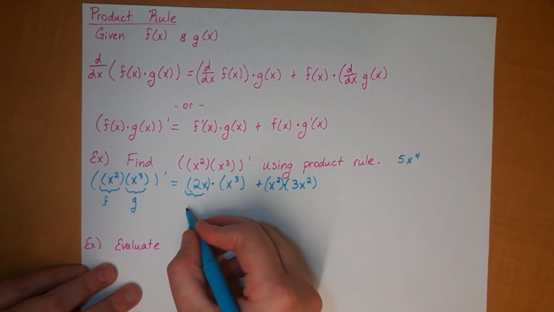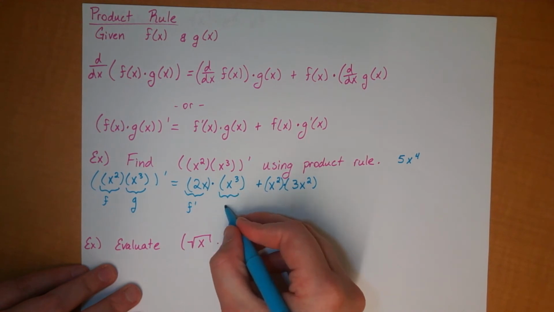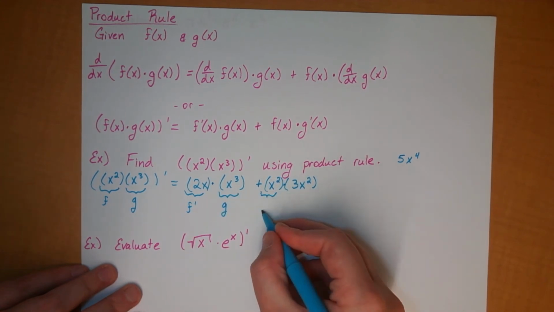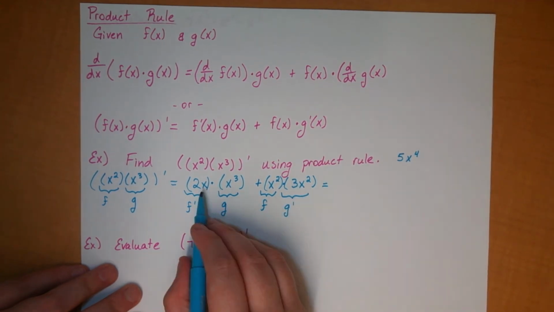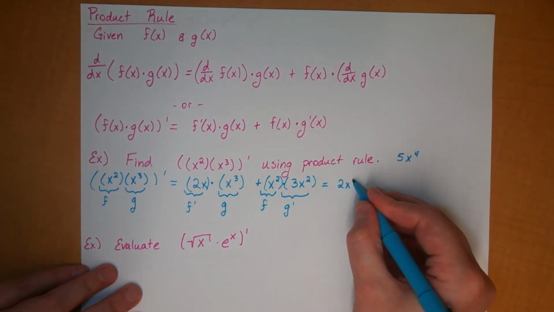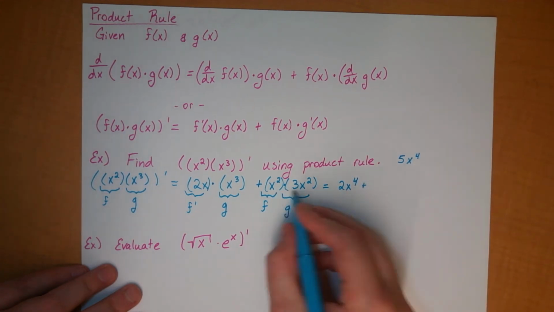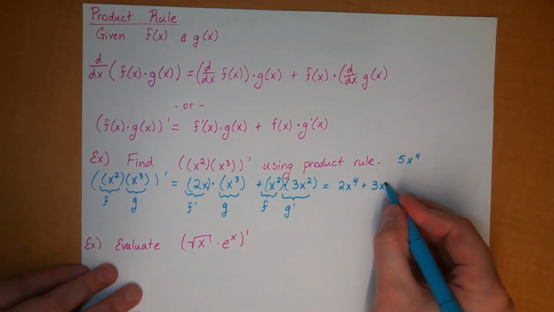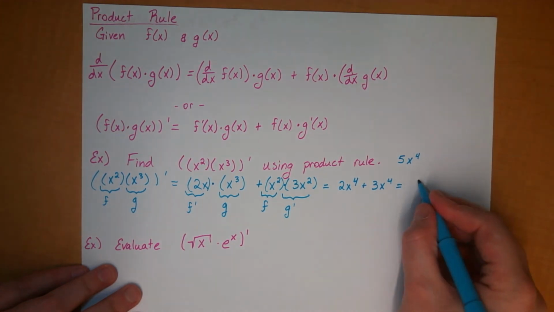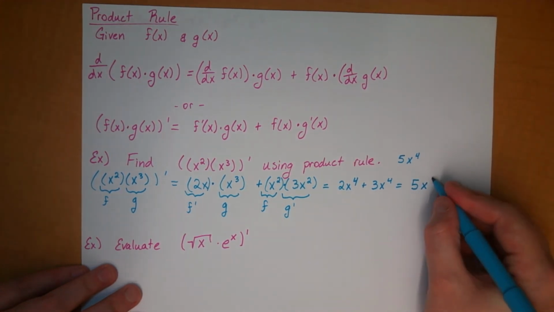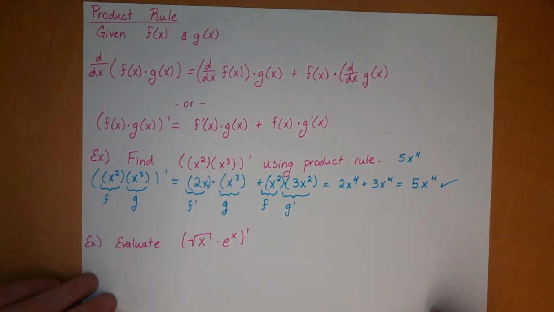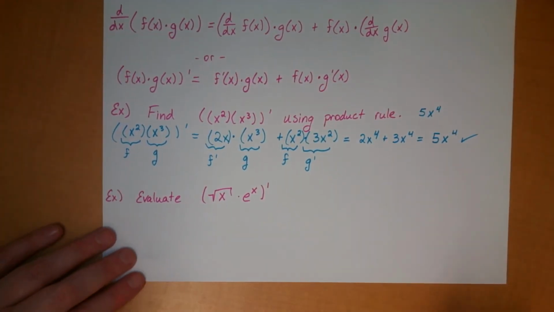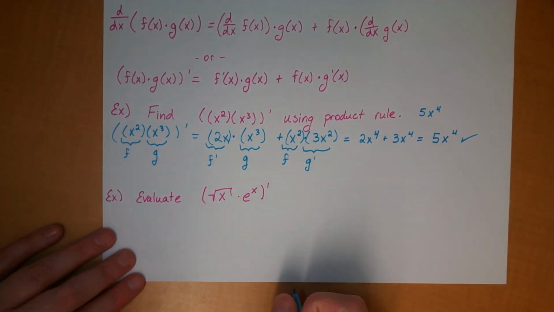So here we have f prime, here we have g left alone, here we have f left alone times g prime. That's going to give me 2x to the fourth plus 3x to the fourth, which if I add together, I will have 5x to the fourth, which is exactly what we wanted. Great. All right, go ahead, pause the video and try this example on your own, and then when you're done, unpause and we'll do it together.